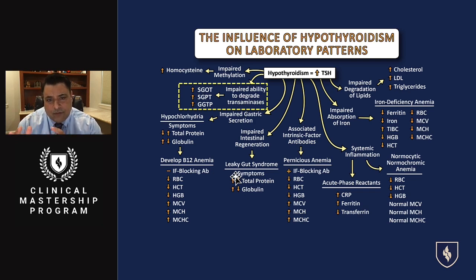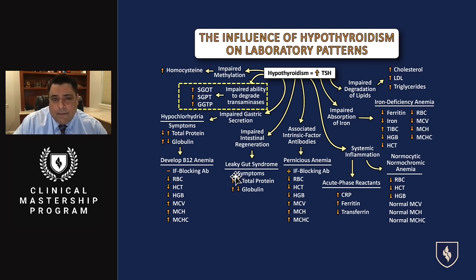So these special transaminase enzymes transport these amino acids across the cell membranes, and eventually as some cells break off and die, there's some leakage of these transaminases into the serum, into the bloodstream, so we'll have some level of these in the bloodstream. So no one has 0 levels of SGOT, SGPT, and GGTP. If you look at any lab range, there's a normal reference range, and there's some amount of these transaminases that's always found in the blood.